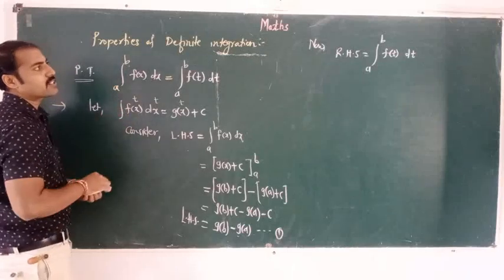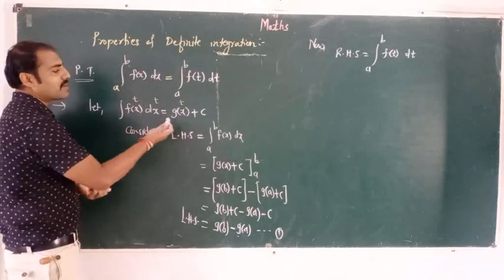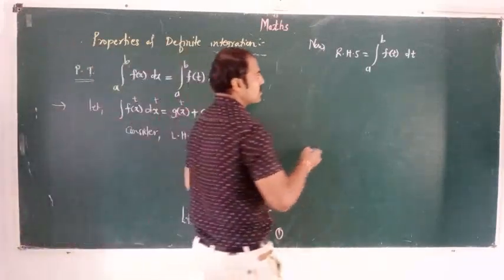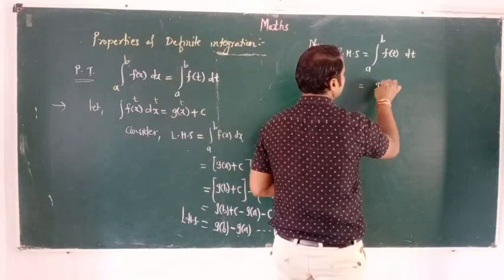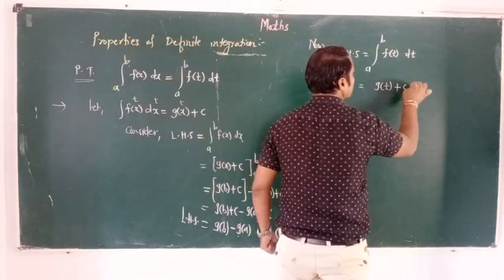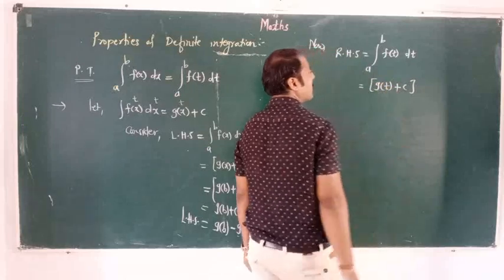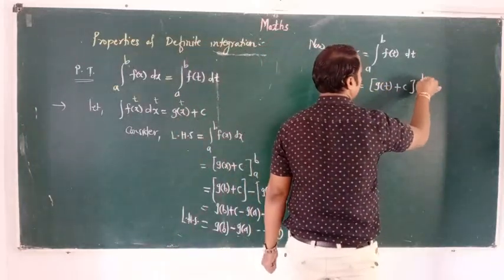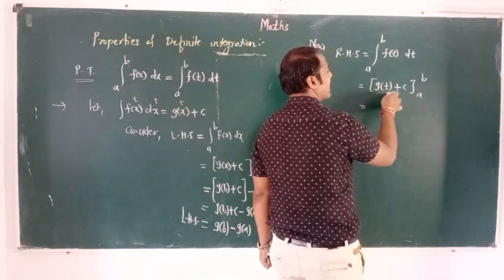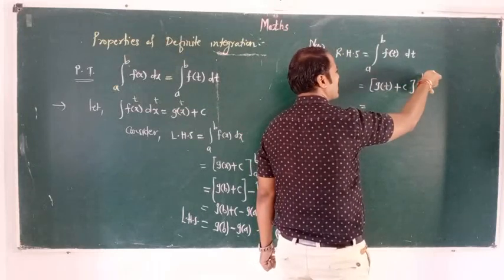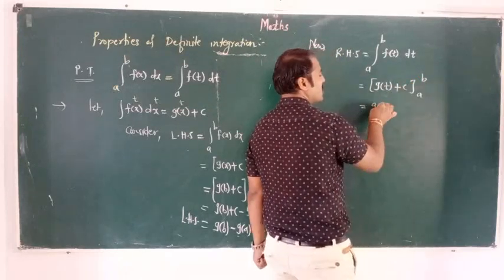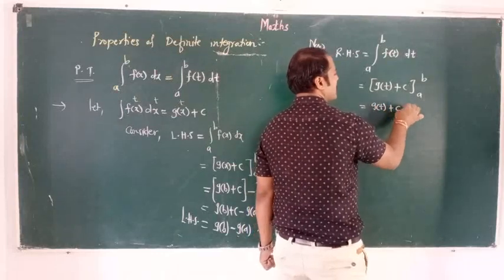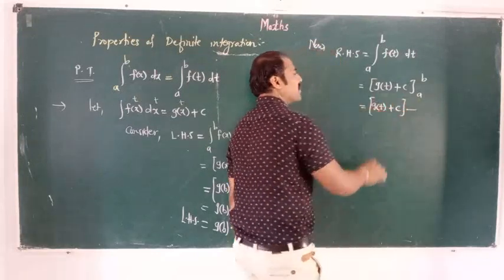So I can write it as g of t plus c, and take the value of the primitive from a to b: the value at the upper limit, where t is b, minus the value of the primitive at the lower limit.